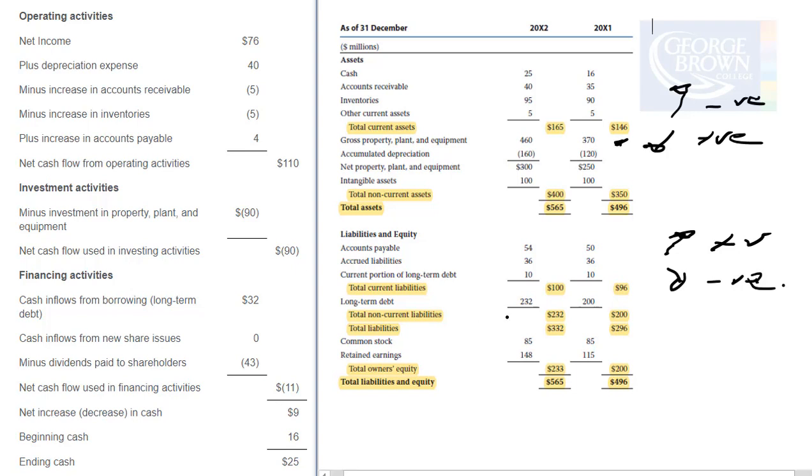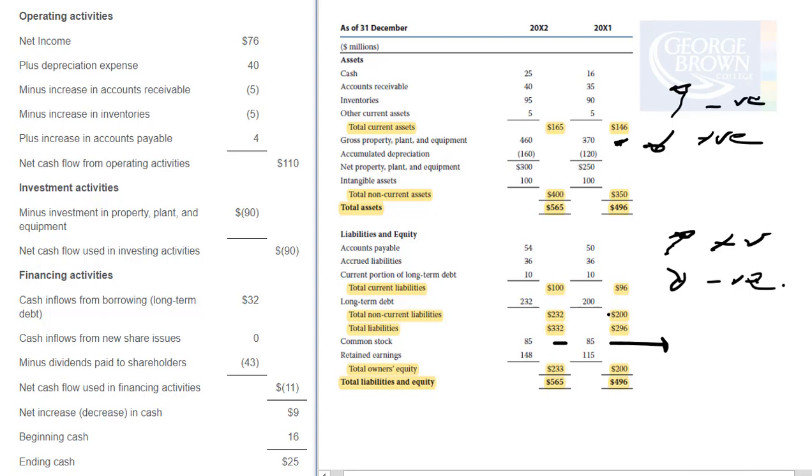Next is cash from financing. So we're going to be looking down here at our long-term debt and equity section. The first thing that we'll do, just to make it really easy, is we can see that there was no cash from shares. So the cash inflows from new shares is 0. There are no new shares being sold, okay?